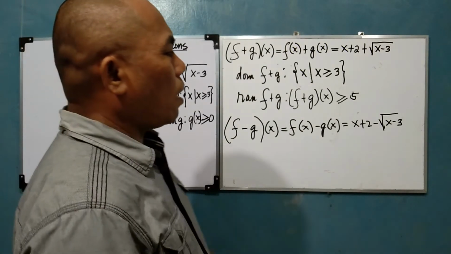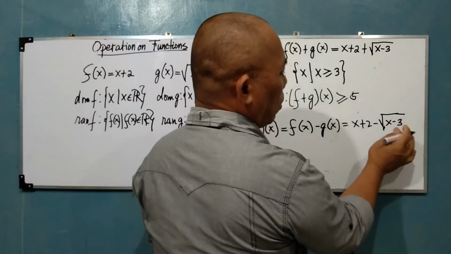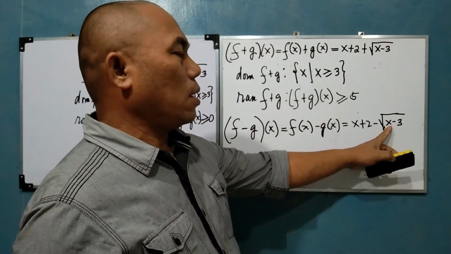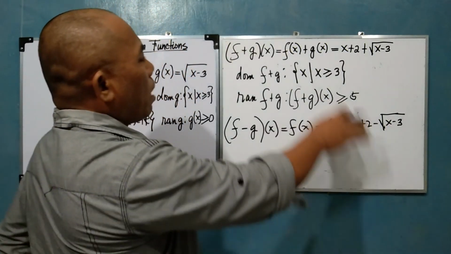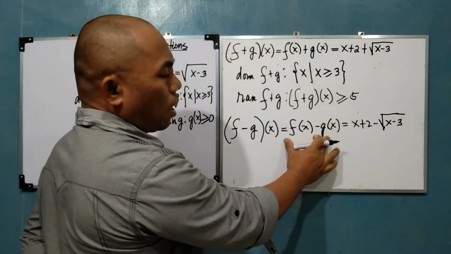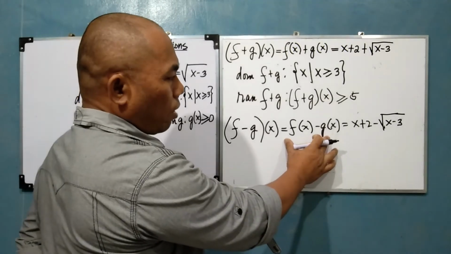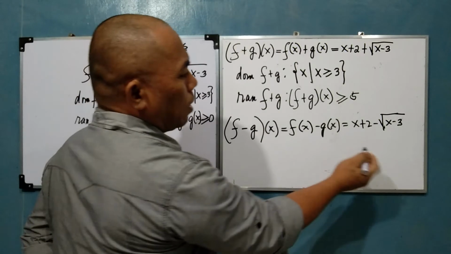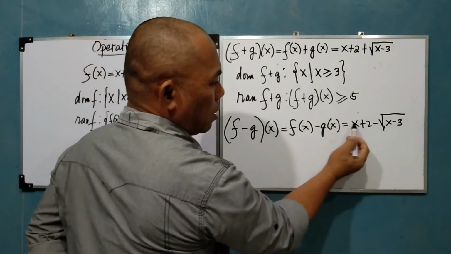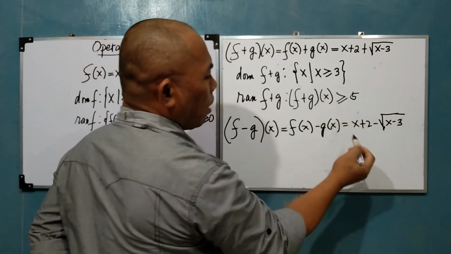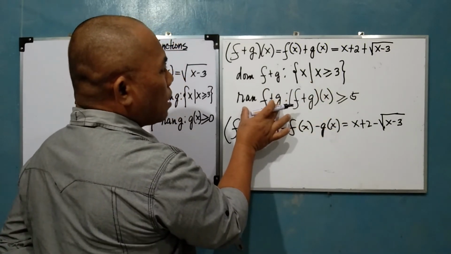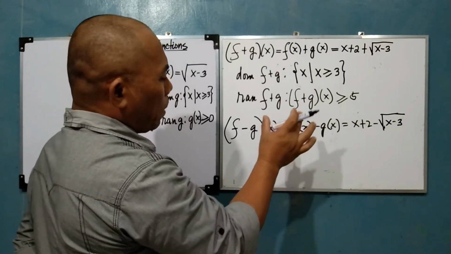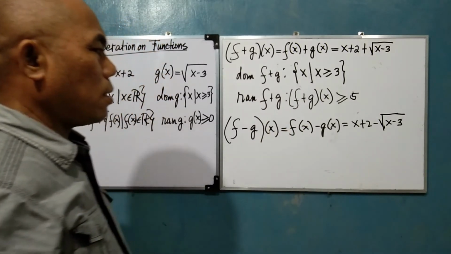So, for the domain, again, this is what you are going to consider. The smallest value here is 3. So, the domain of the sum is also the domain of the difference. What about the range? When x is 3, you will get 5. So, the range of the sum of these two functions f and g is also the range of the difference.